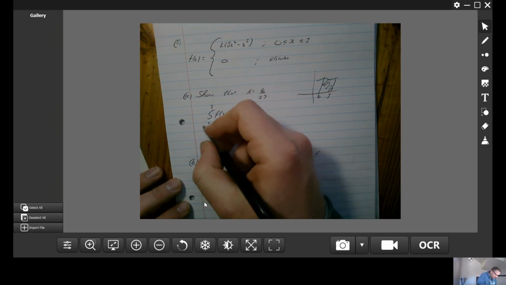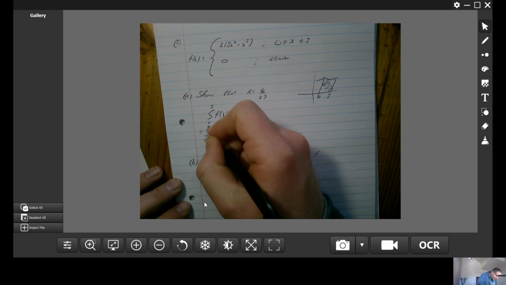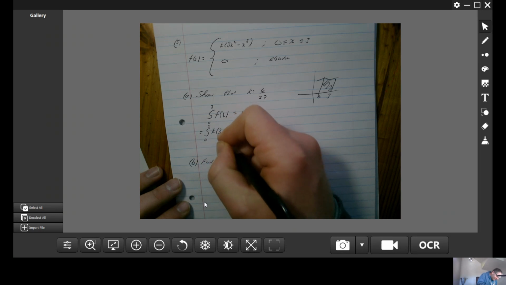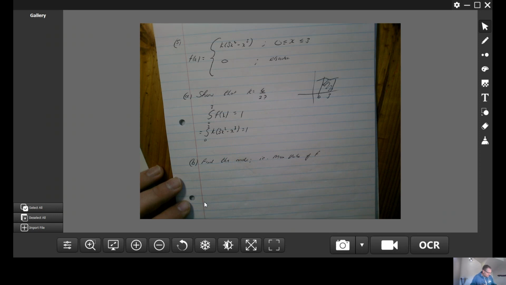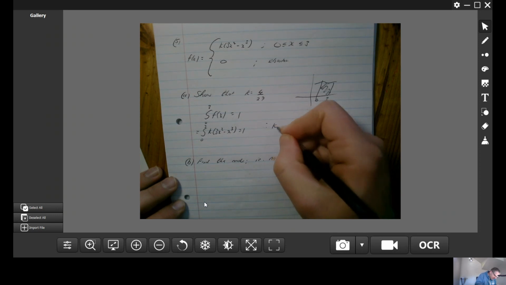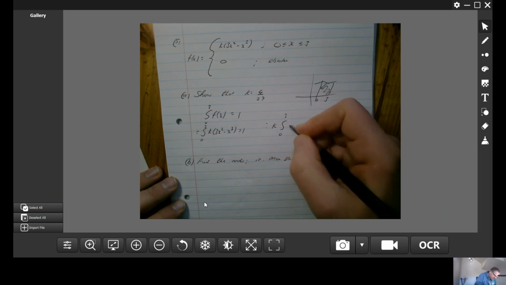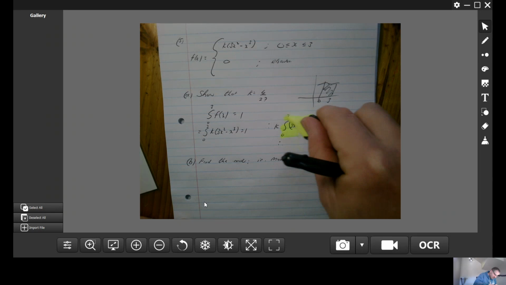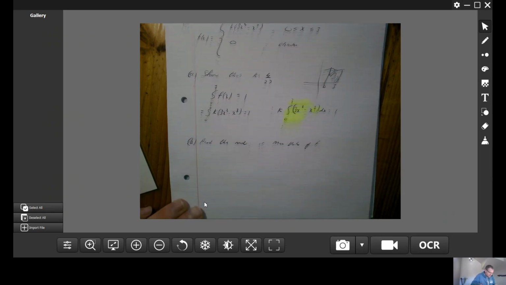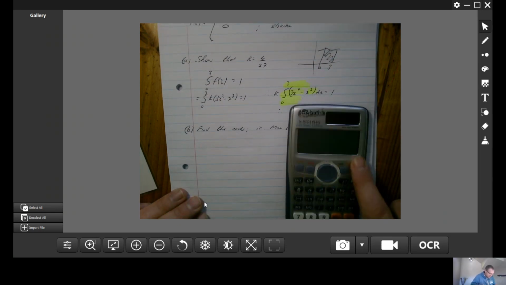In other words, the integral between 0 and 3 of k times 3x squared minus x cubed must be equal to 1. So k times the integral between 0 and 3 of 3x squared minus x cubed must be equal to 1. You don't have to do what the textbook does and work that out manually; you can put that into your calculator.